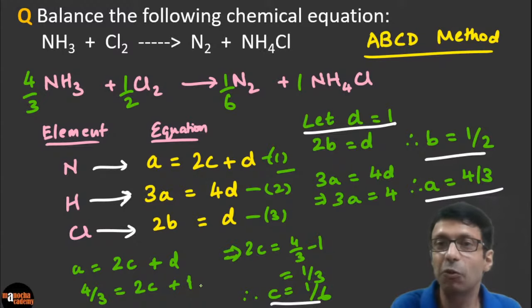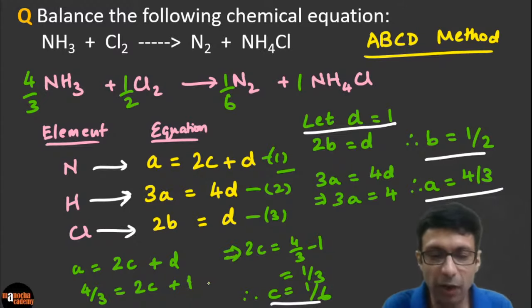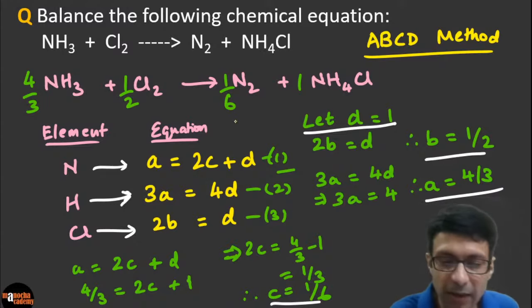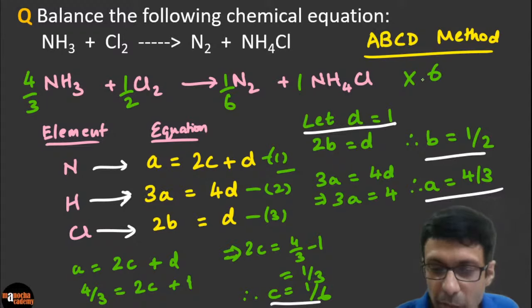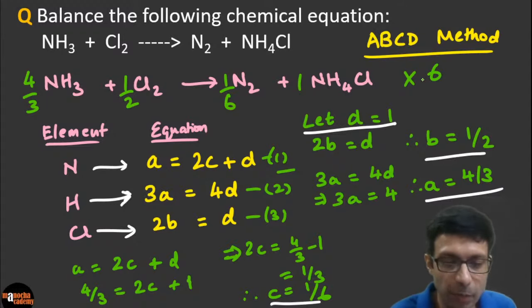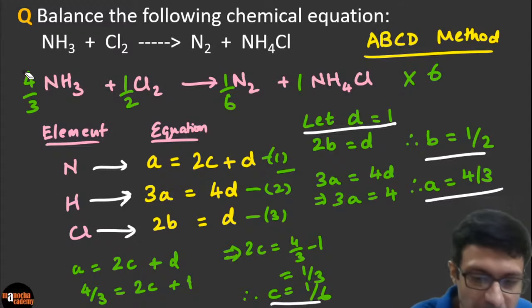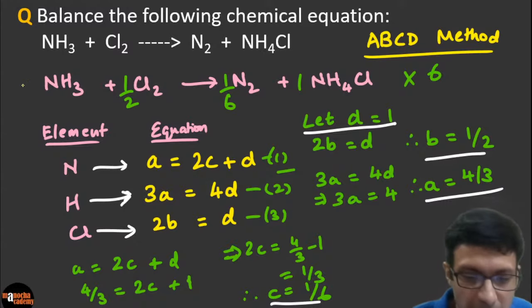Now this is our balanced equation, but they are fractions. So to get rid of the fractions, we need to multiply by 6 here, right? Because by multiplying by 6, the fractions will get removed. So let's multiply our whole equation by 6. So 4 by 3 times 6 is going to be 8. Or let's leave this here and let's write it in our final answer.